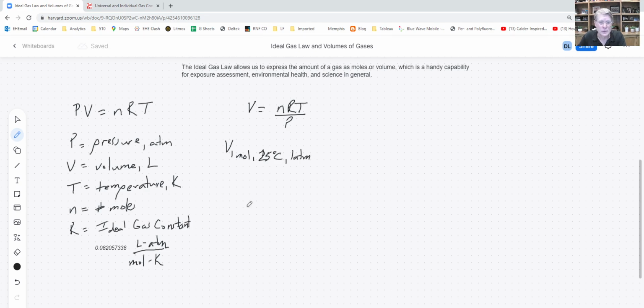So 25 C and 1 atmosphere is what's known as normal temperature and pressure. It's a very standard condition. We'll use it often in future exercises, so that's why I chose it here.